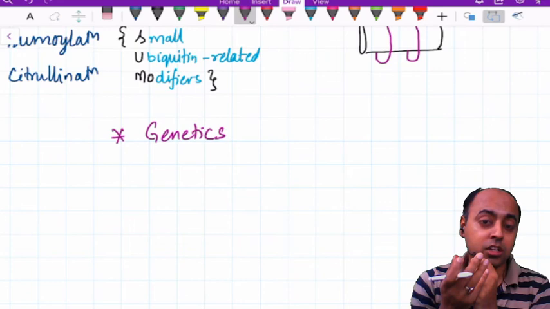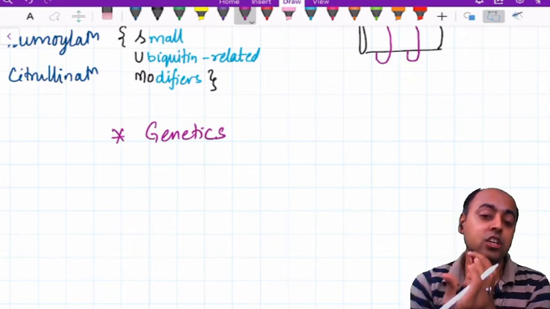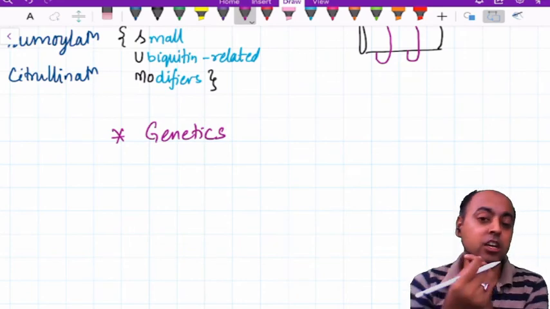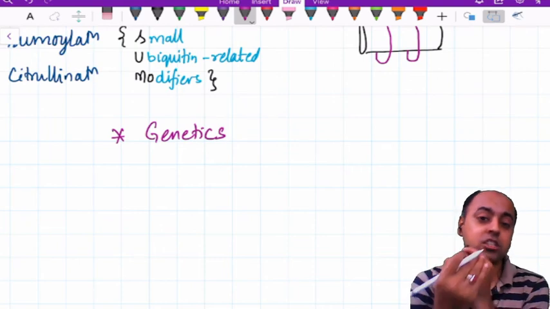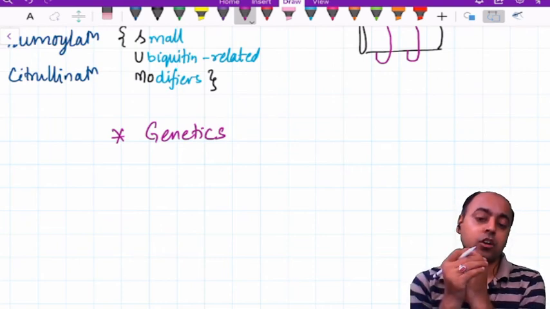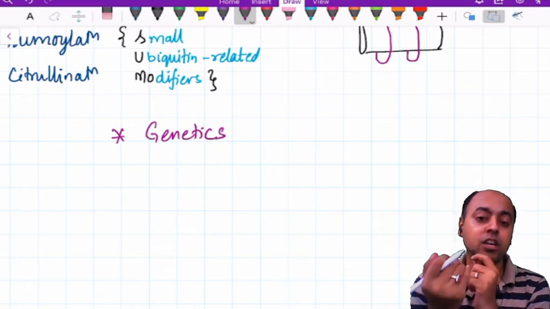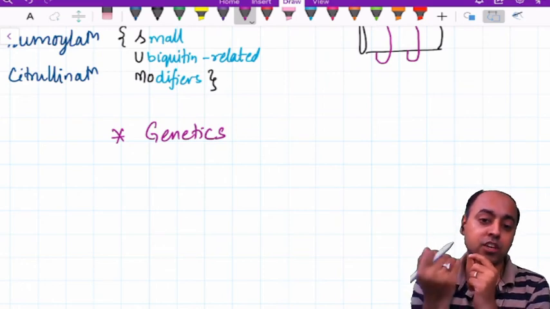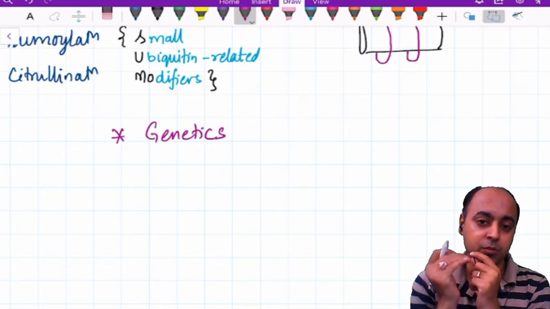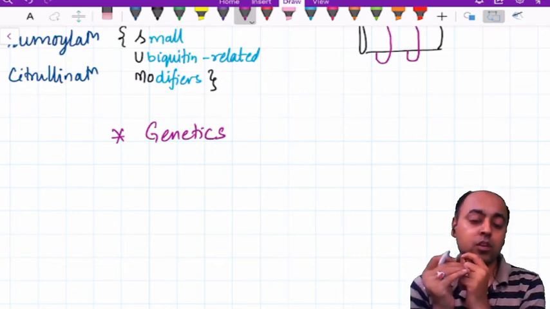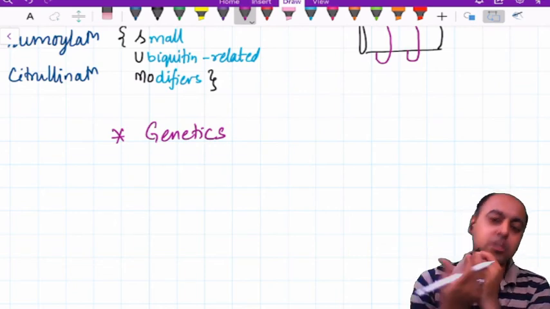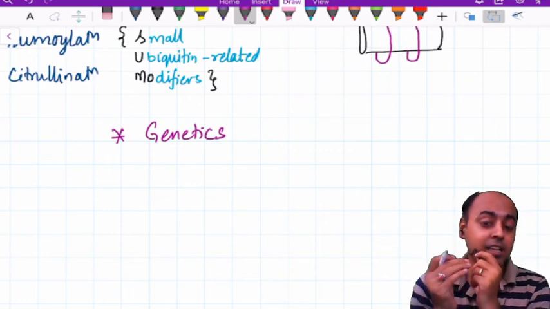It is a function of covalent modification of the histones and to some degree the DNA also, without changing the sequence of nucleotides. Nowhere is the sequence of nucleotides coming into the picture. What we are talking about is the covalent modification of the various segments, whether it is the DNA or the protein. So this information which is being conveyed is not contained in the genetics.